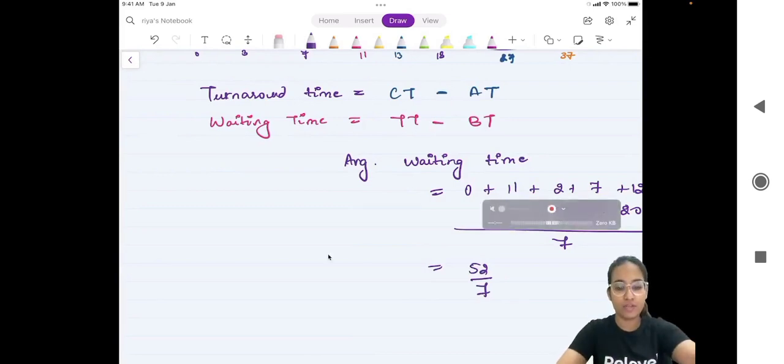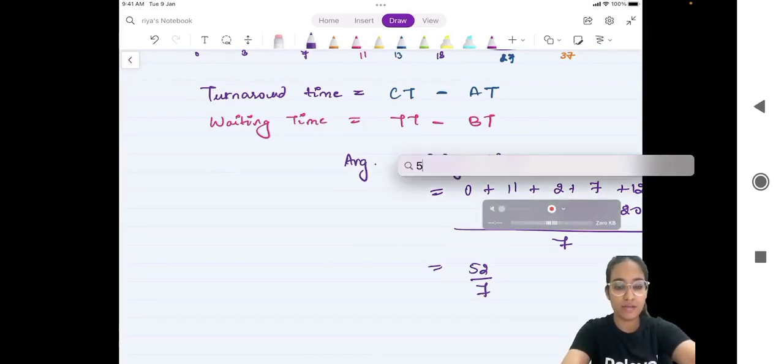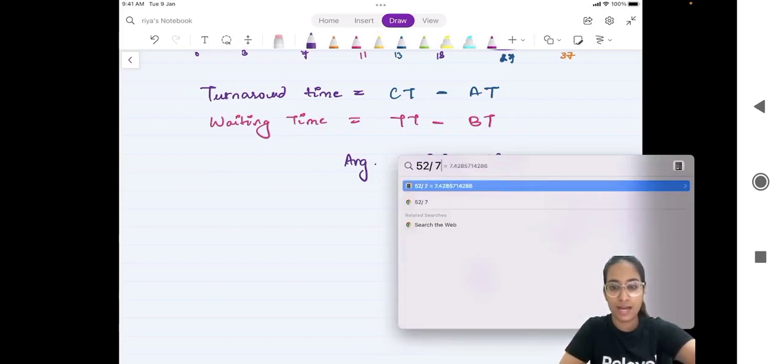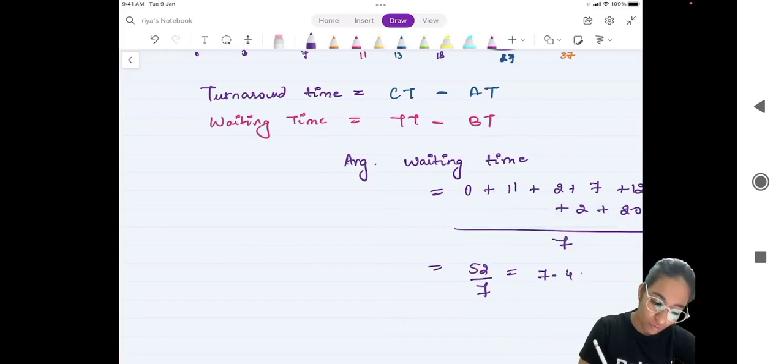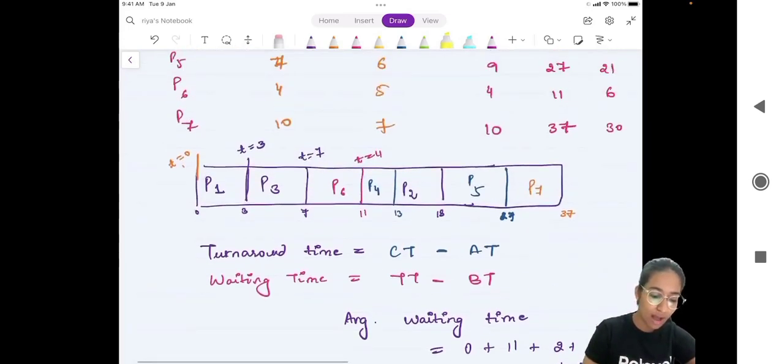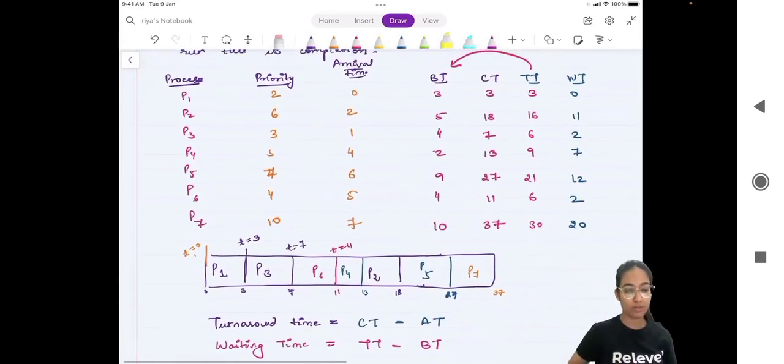Okay, and to give you the exact number, that will be approximately 7.42 milliseconds.